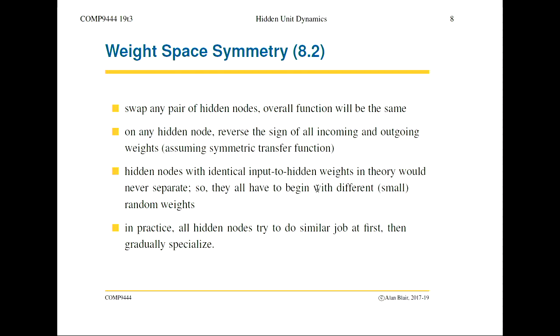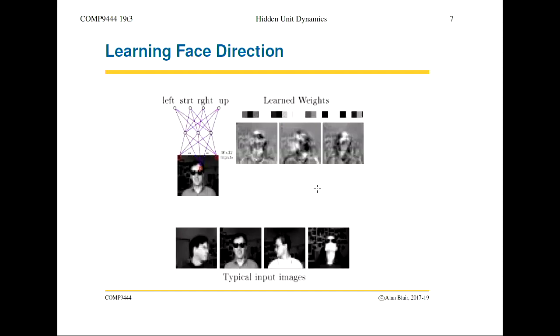Now also, again, assuming the tanh transfer function, we could swap the sign of a hidden node. We could say, okay, this first hidden node, I'm going to take all the weights coming into that hidden node and I'm going to make each one negative of what it used to be.